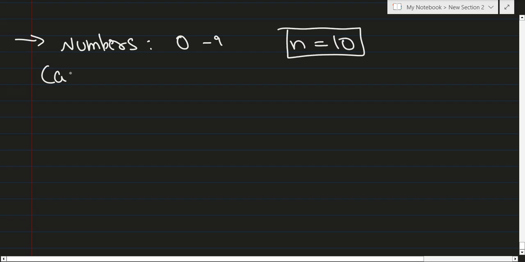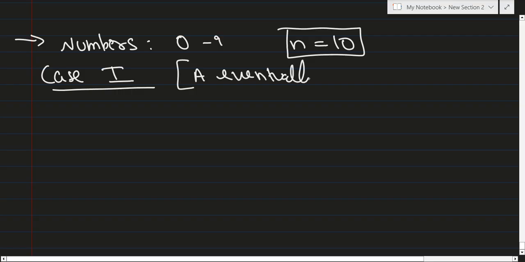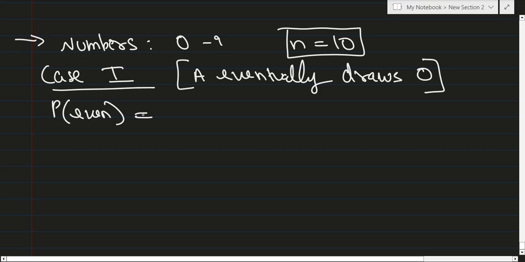Okay, case 1: A eventually draws 0. The game says that if A draws an even number, then A will continue the game and so on, but A eventually draws 0. So probability of even, we have 2, 4, 6 and 8, that is 4 by 10, that is 2 by 5.